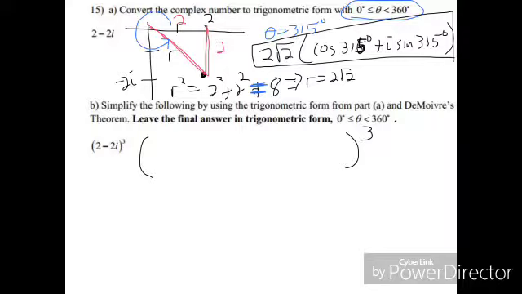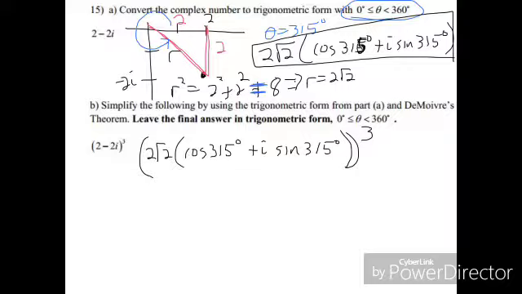Cubed. 2 square root of 2 times cosine of 315 degrees plus i sine 315 degrees. There we go. We need to remember how De Moivre's theorem works.